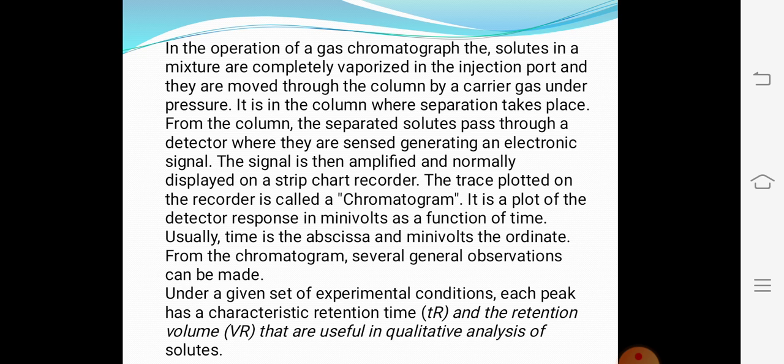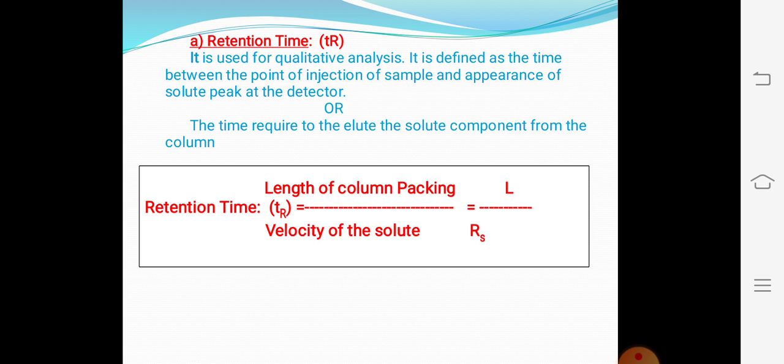From the chromatogram, several general observations can be made. Under a given set of experimental conditions, each peak has a characteristic retention time and retention volume that are useful in qualitative analysis of a solute. The first definition is retention time, that means TR.